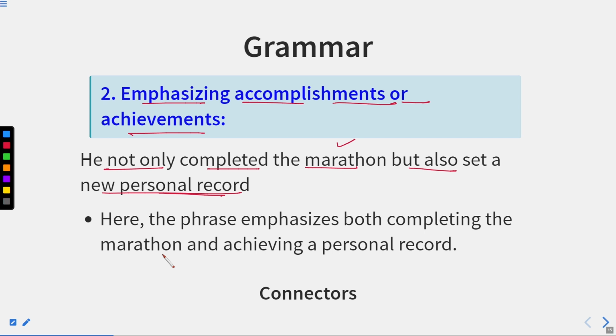So these are two accomplishments or two achievements which are being joined. You can say in the simple sense that whenever we are going to join two or more things together, two ideas, two opinions, two people, or anything it can be, we can use not only but also just to join or include those two.